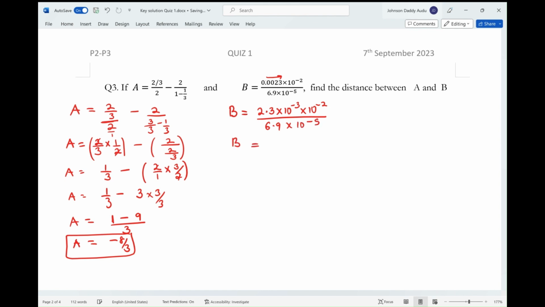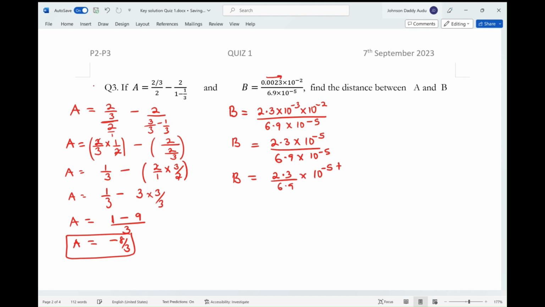And what is B? This is simply 2.3 times 10 raised to power minus 3 minus 2, which is minus 5, over 6.9 times 10 raised to the power minus 5. So B is 2.3 over 6.9 times 10 to the minus 5.